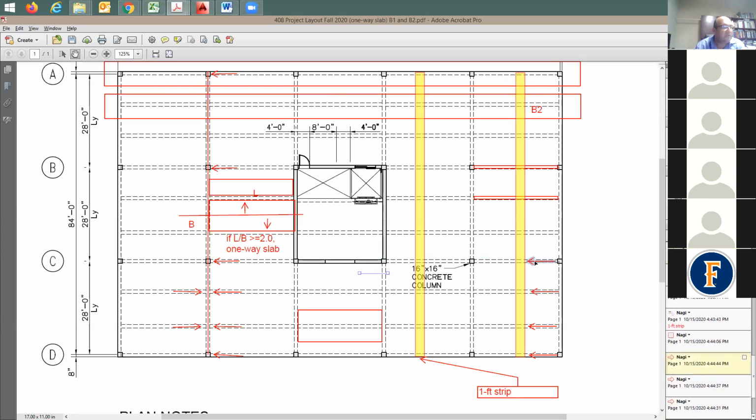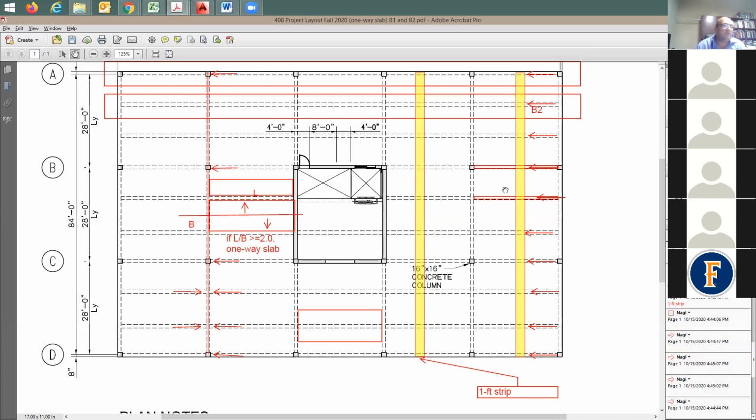So actually the structural system of the slab is going to be one long continuous beam supported over beams. Very good. Everybody follow?